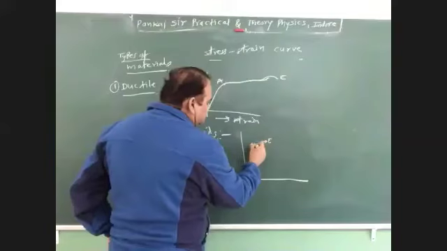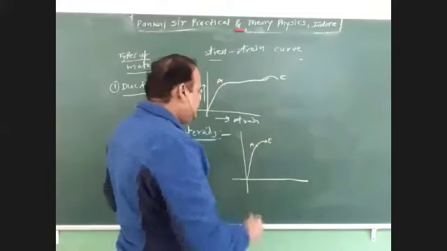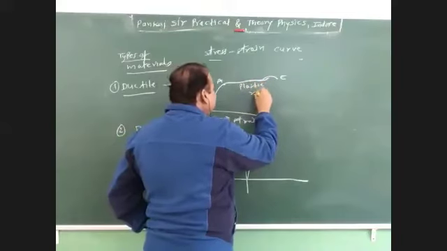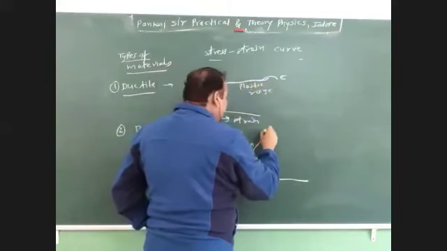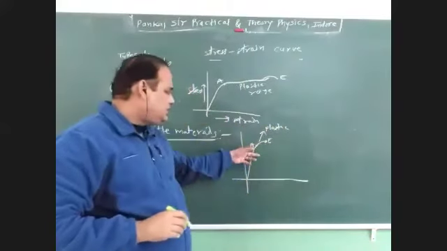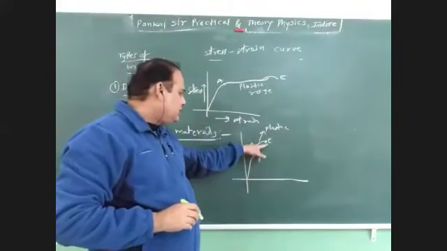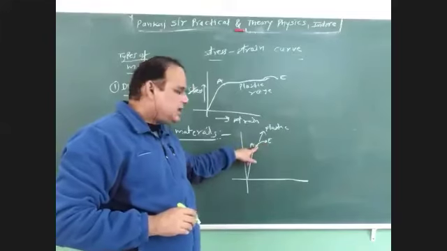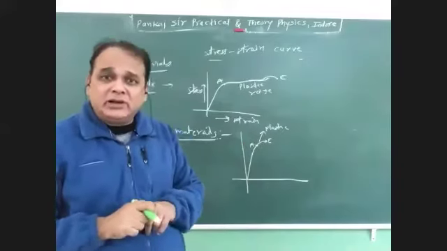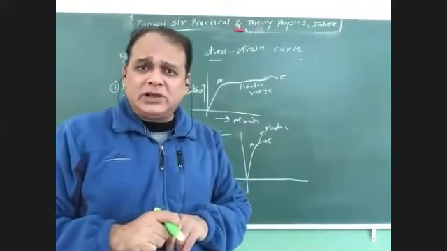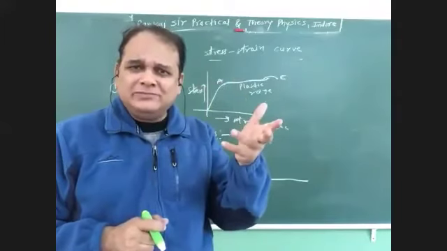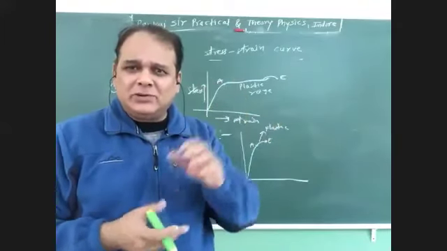Plastic range is very small. Here plastic range is large and here plastic range is small. So when plastic range is small, that is breaking point is very close to the elastic limit, then that material is brittle, and when you apply stress, you know very well, it breaks out.